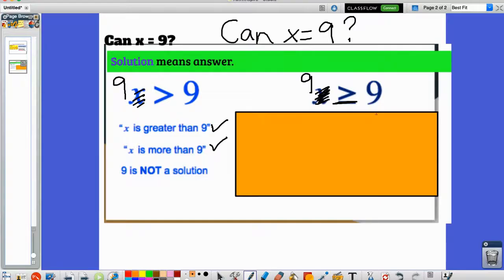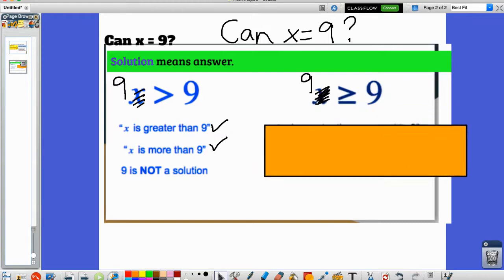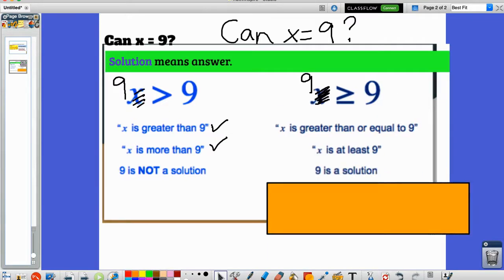Yeah, 9 is equal to 9. So yeah, I can put that 9 right there. Okay, this whole inequality works. So therefore, we can say that 9 is a solution. And in fact, the way we read this statement right here is that x is greater than or equal to 9, and x is at least 9.